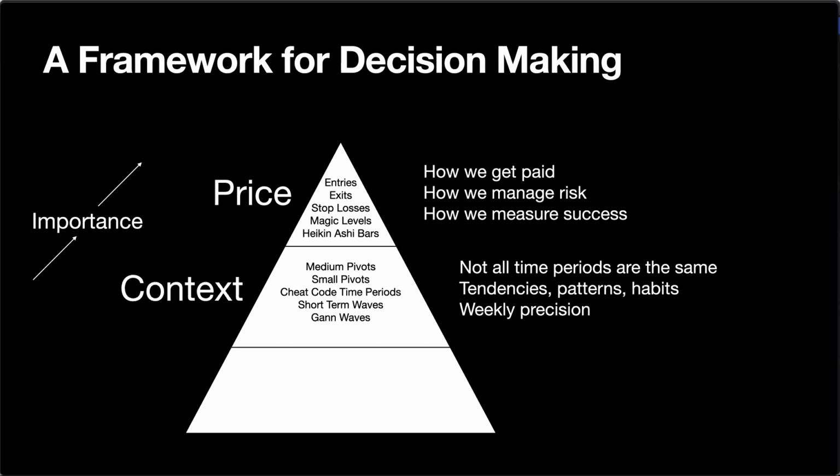Medium pivots and small pivots are really only about a month old, so it's important to understand that these are new tools in the Time Trades toolkit. We're still working out and optimizing and figuring out how to best make use of these things. We know there's predictive power there. We know that they add value, but turning that into consistent execution is a work in progress right now.